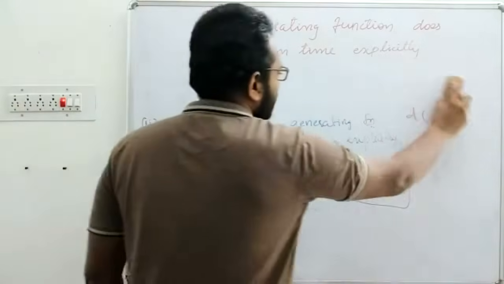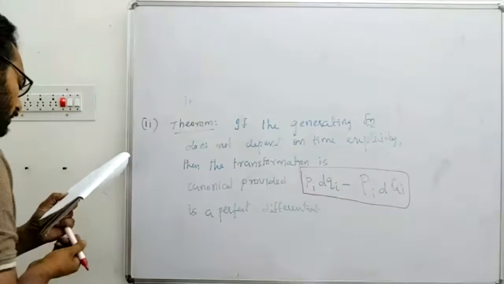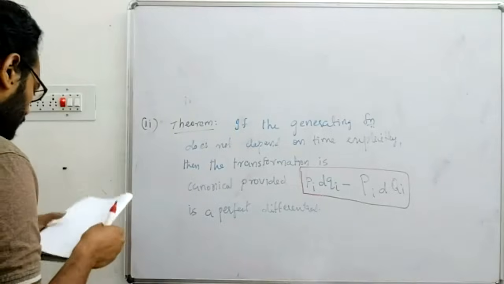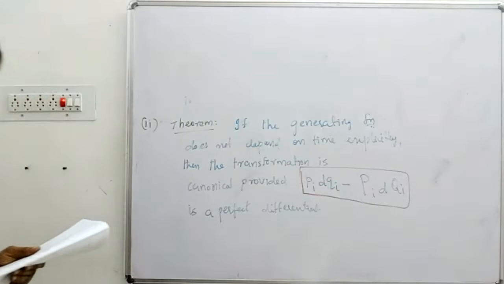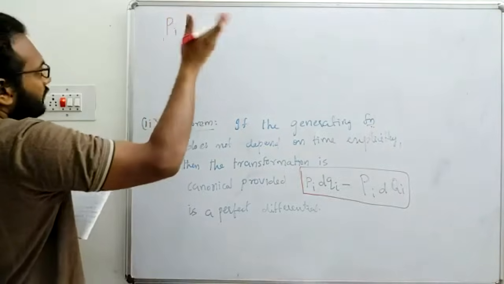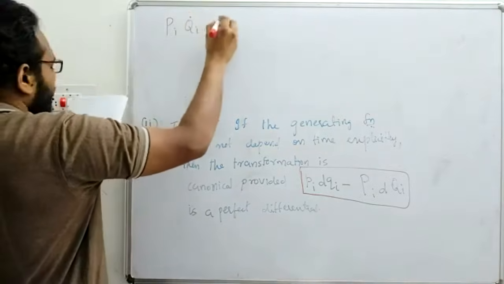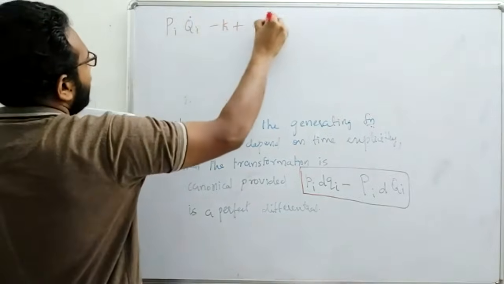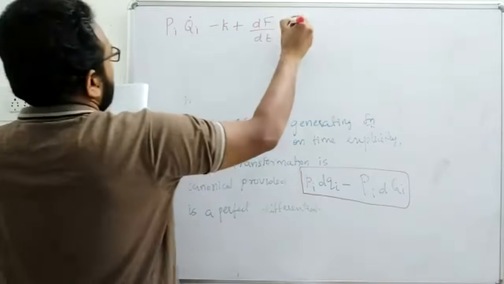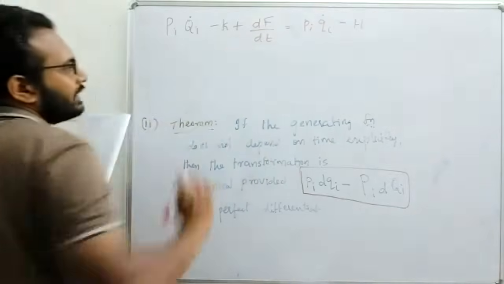Now, how do we check this? The defining condition for a transformation to be canonical, that we wrote like this: Pi Qi dot minus K plus dF by dt is equal to pi qi dot minus H. Remember there is a summation implied here.